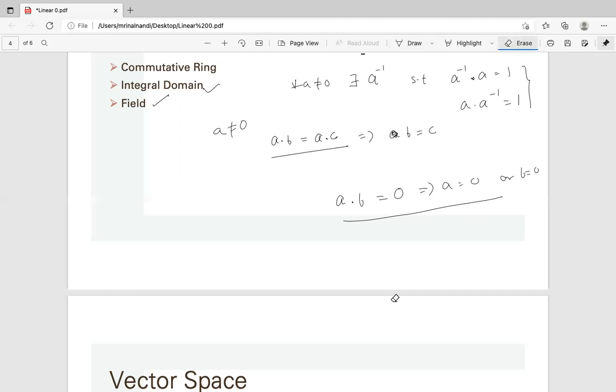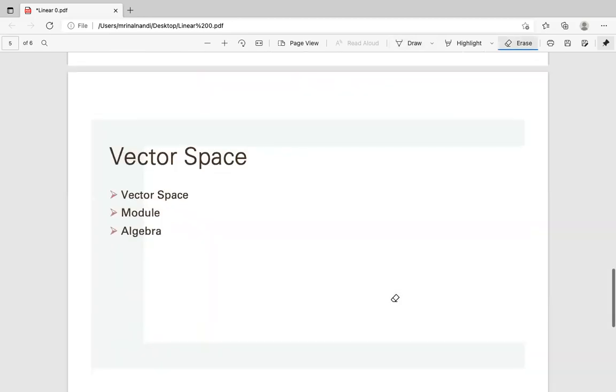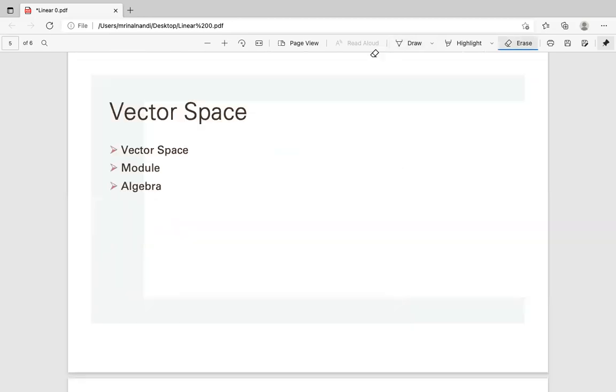And the next thing is vector space. For a vector space, there's one more set now. There's S and there's one more set, also non-empty, V, with an addition operation, so this is a commutative group under this operation.